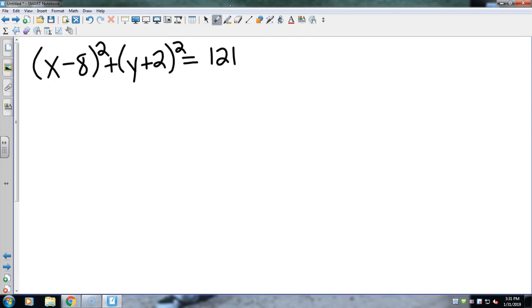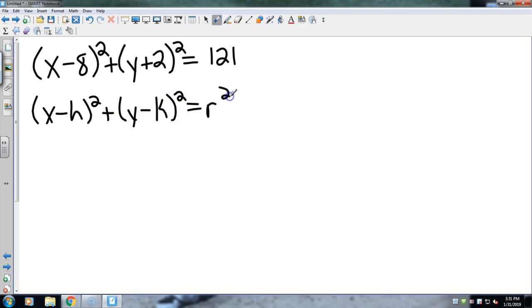So, remembering the actual equation, it's very important that you understand what the subtraction signs mean. The subtraction signs change the value of my center. So since that's a -8, that means my center is at 8. And since that's a +2, that means my y value of my center is at -2.